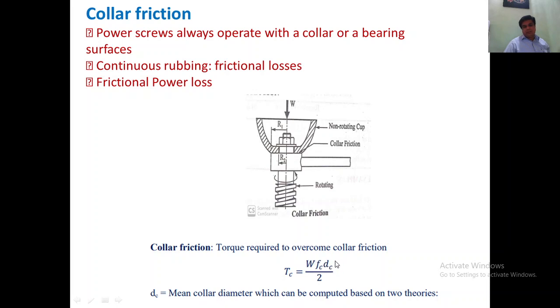So load into distance, with the friction added, will give the torque due to collar friction, TC. Because of this collar friction, extra torque has to be applied. We have to design the power screw for this extra torque.